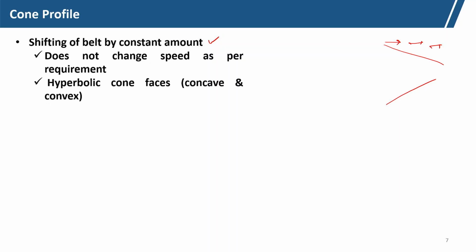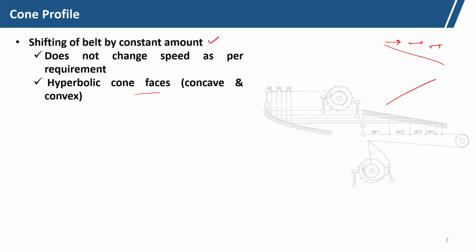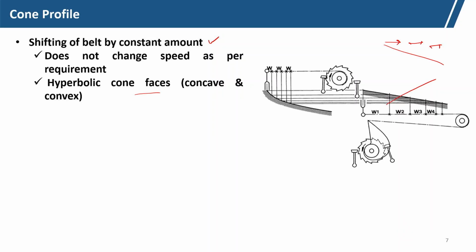Hyperbolic cone faces are used where concave and convex cones are used. We can see here that if we shift the cone belt by an equal amount, we will get the required change in speed. On the other hand, if we transfer this rate of change in speed to the straight cone, we need to shift the cone belt in an unequal manner.